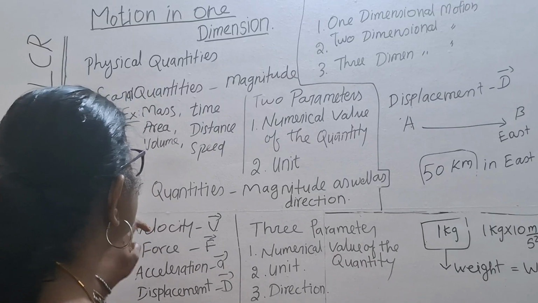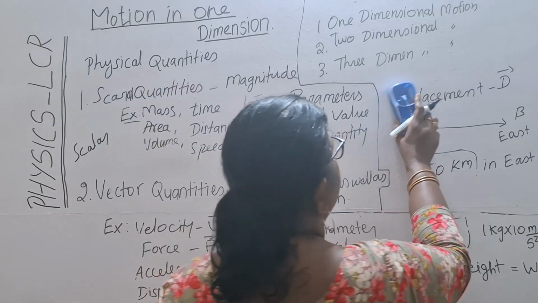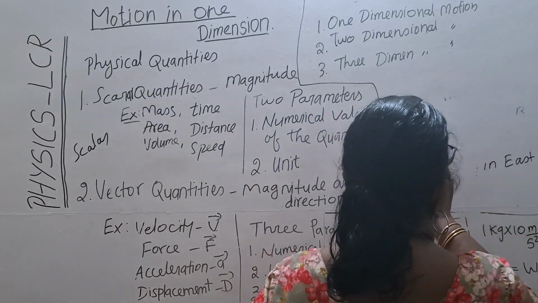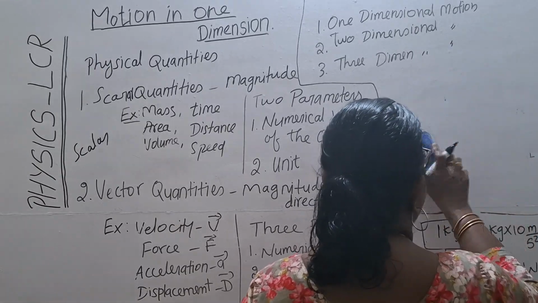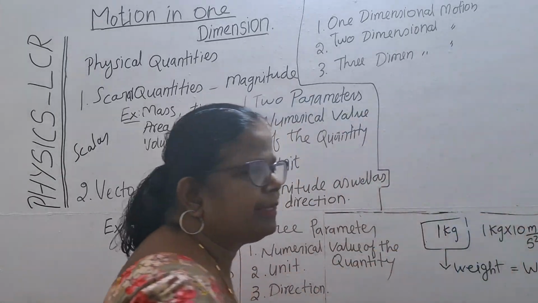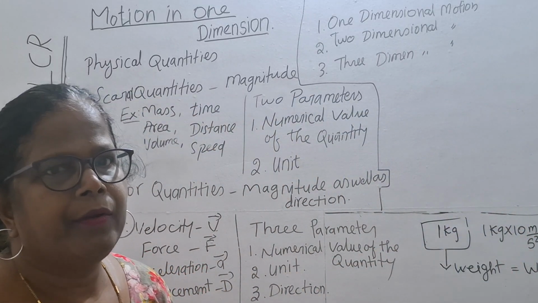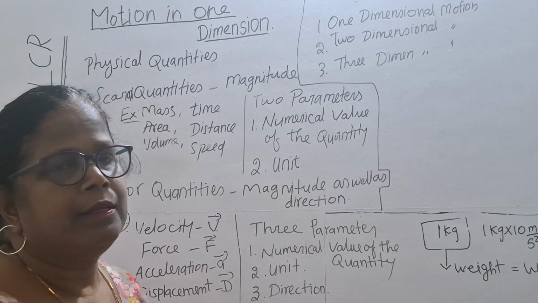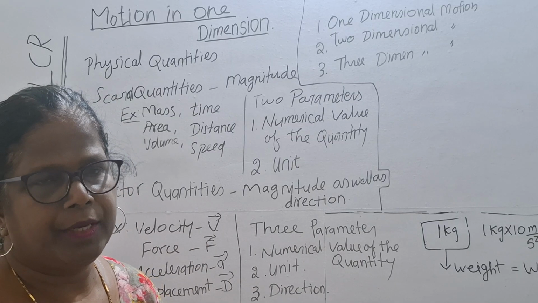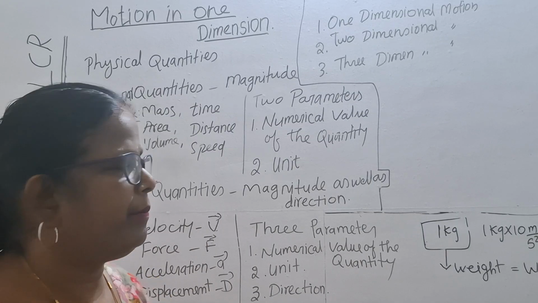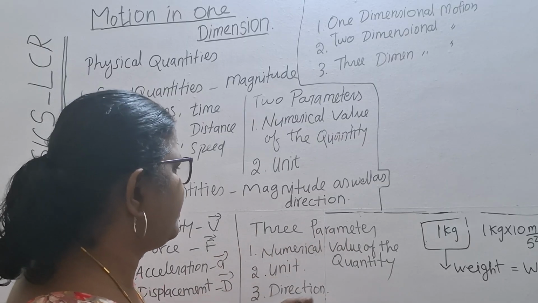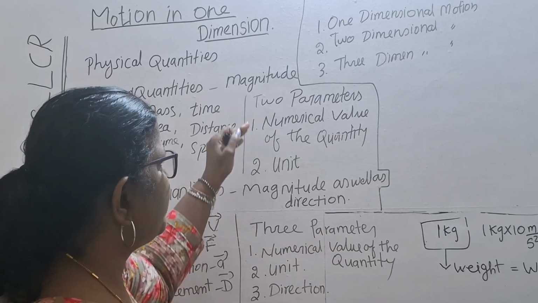Here also, a vector quantity is determined by three parameters. What are the three parameters? Here it is written. You are already familiar with these.